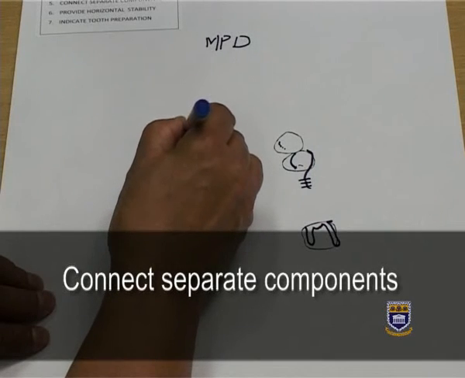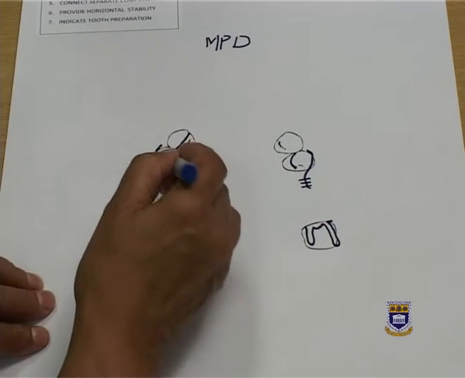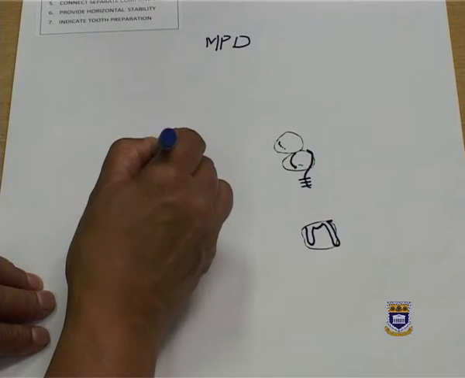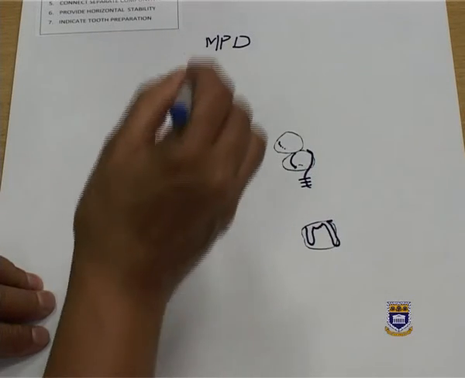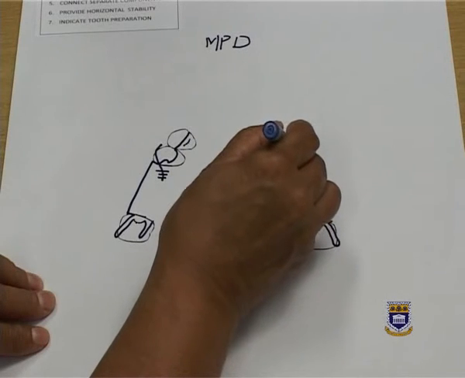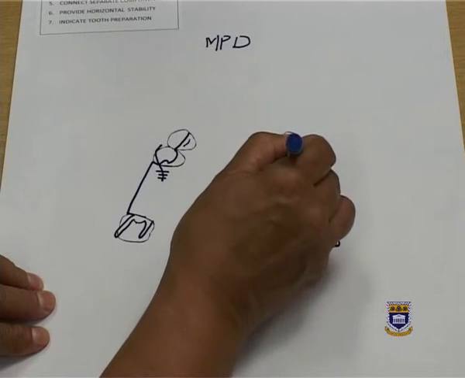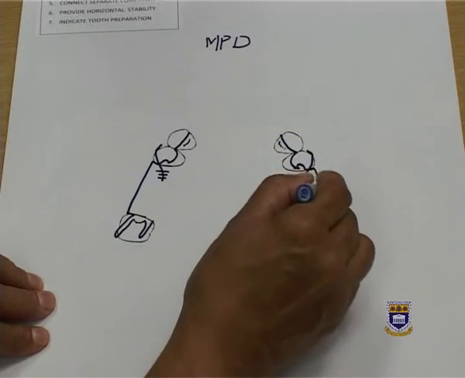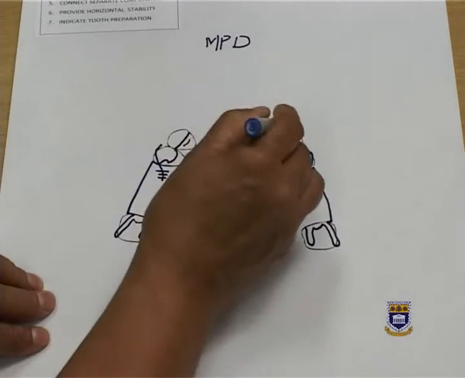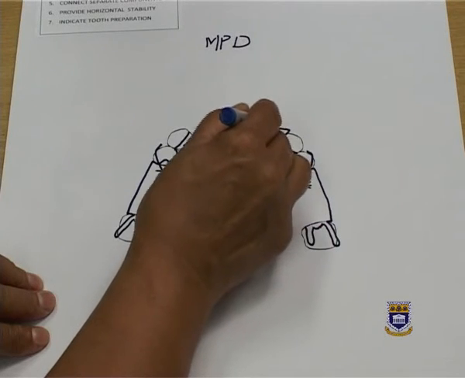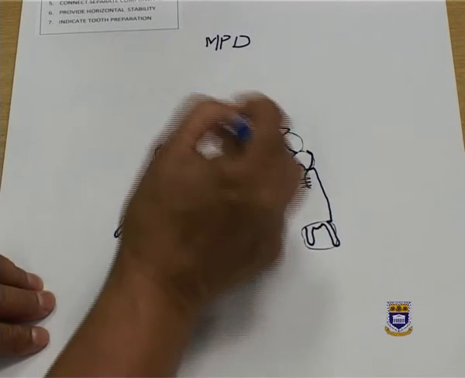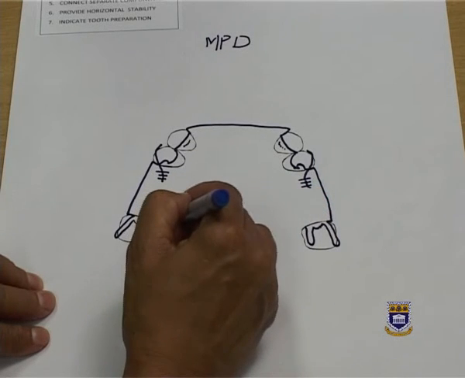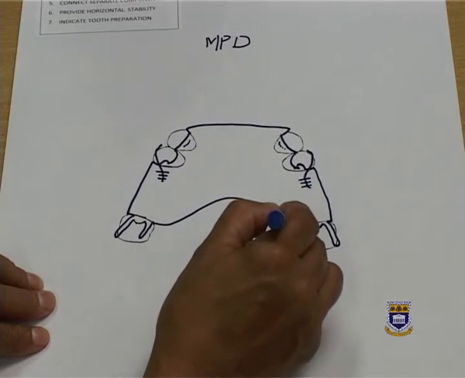The next step is to connect the separate components. I'm using a cingulum rest, so I'm connecting all of them. Anteriorly, it's covering my cingulum rest, my distal rest, my guide planes, where I need to indicate that it's in contact with my teeth, and to connect my major connector.